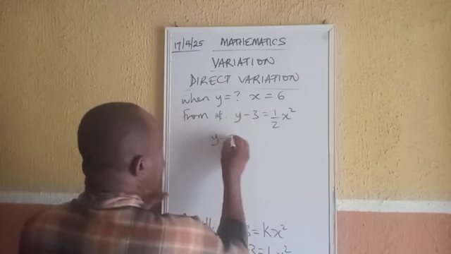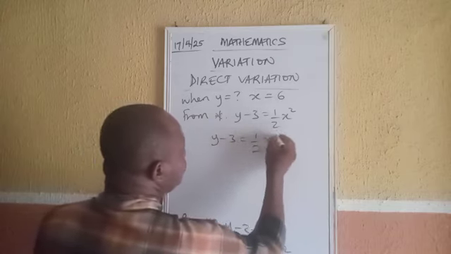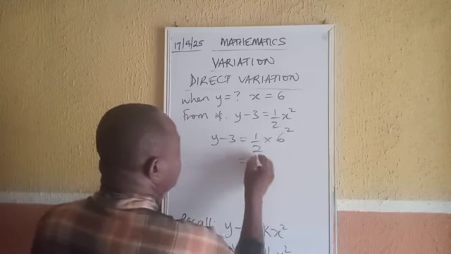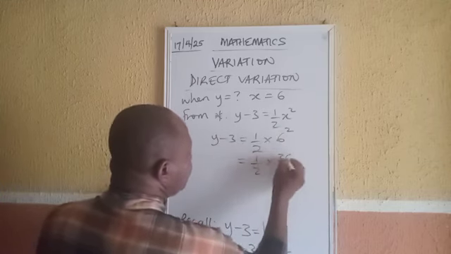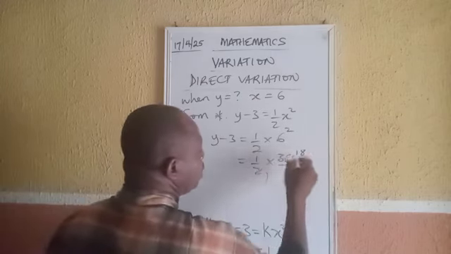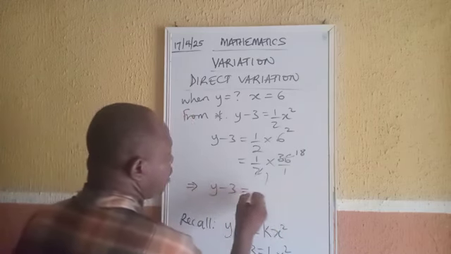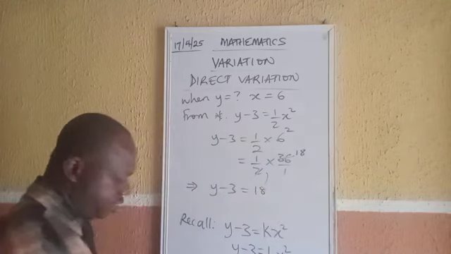That becomes y minus 3 equals 1 over 2 times 6 squared. That becomes 1 over 2 times 36 over 1. 2 here 1, 2 here 18. So this implies that y minus 3 equals 18.